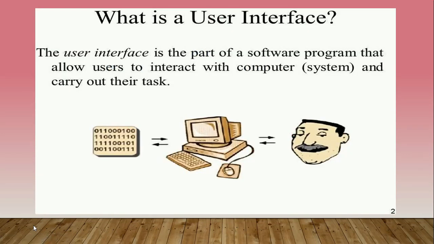Let us see what is a user interface. A user interface is a part of a software program that allows users to interact with the computer and carry out their task. Generally the computer recognizes binary inputs, zeros and ones.